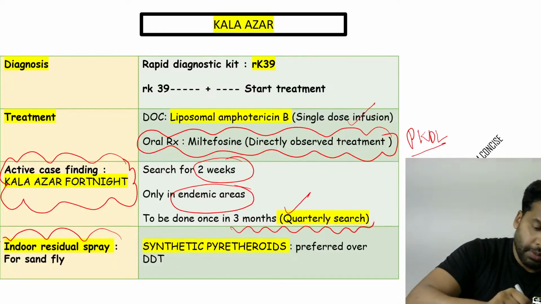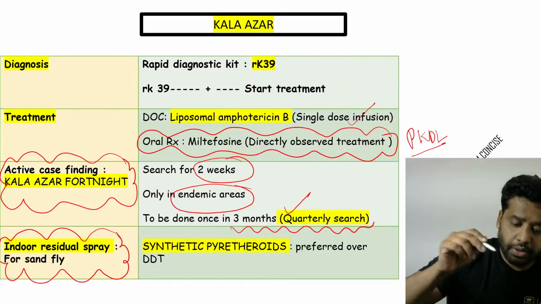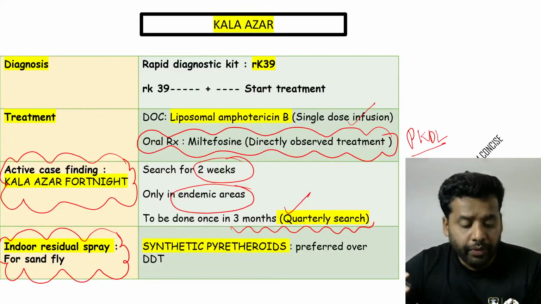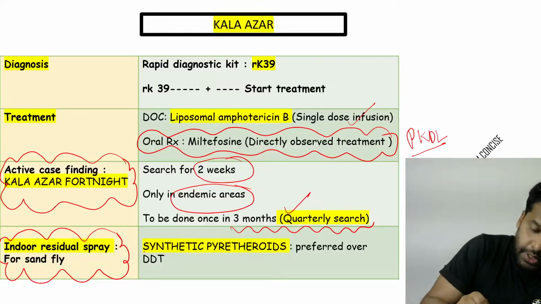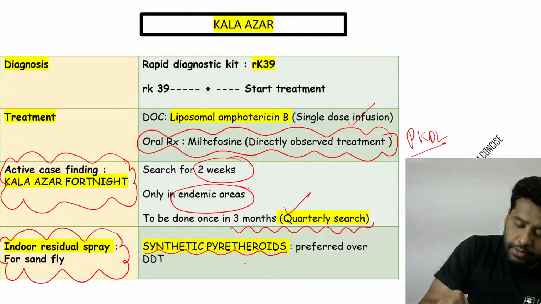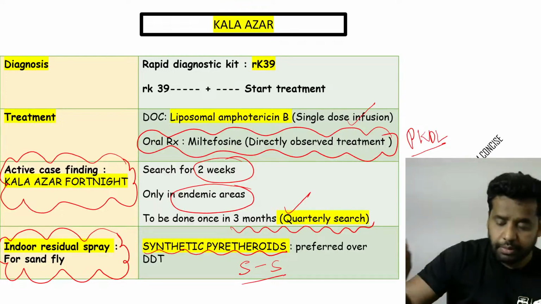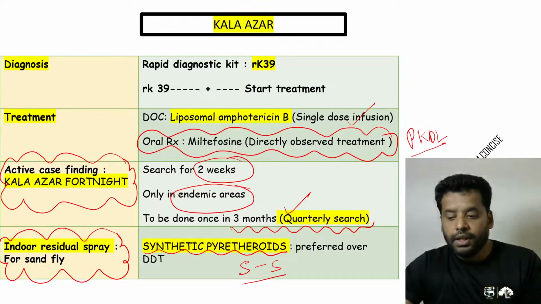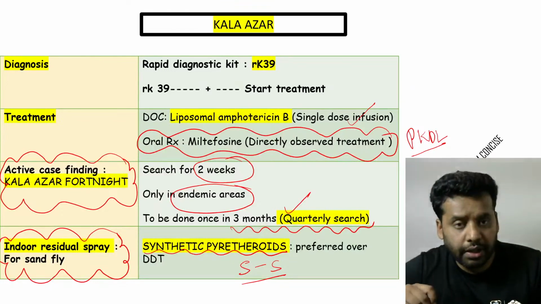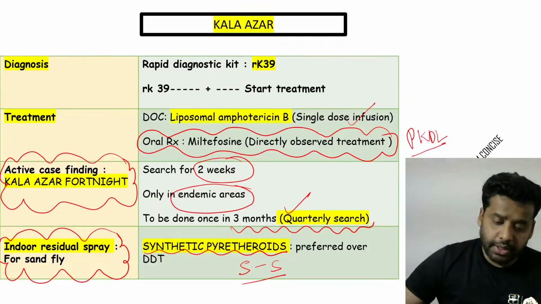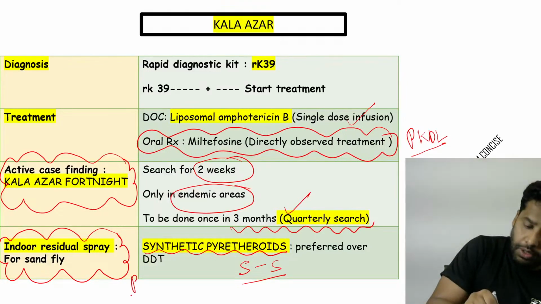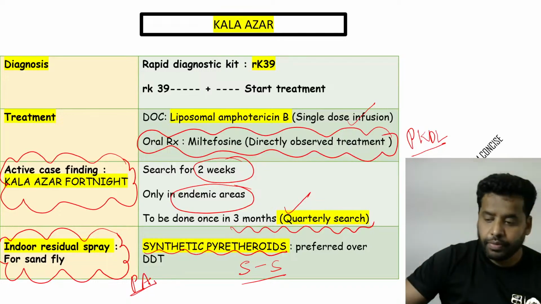Indoor residual spray is for sandfly. The insecticide used is synthetic pyrethroids. S for sandfly, S for synthetic pyrethroids. Sandfly has shown some resistance to DDT. What is the scientific name of sandfly? Phlebotomus argentipes.